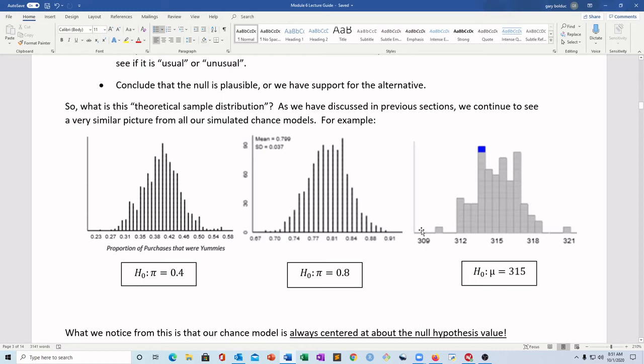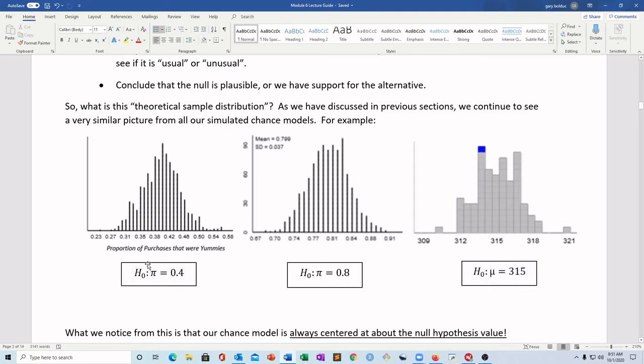So every single time the computer did the simulation, we got a bell curve. The middle is predictable. It's exactly where the computer thought it should be. It's what we told the computer. Hey, put the middle here.